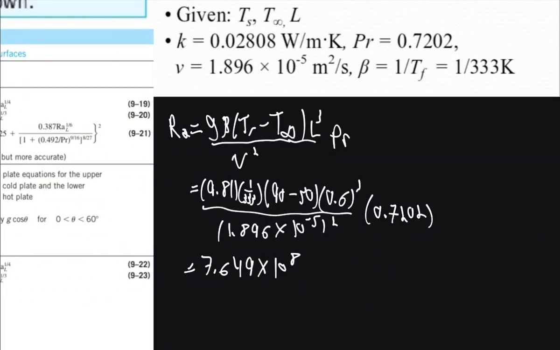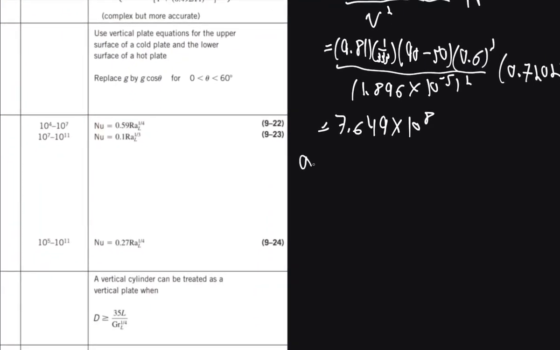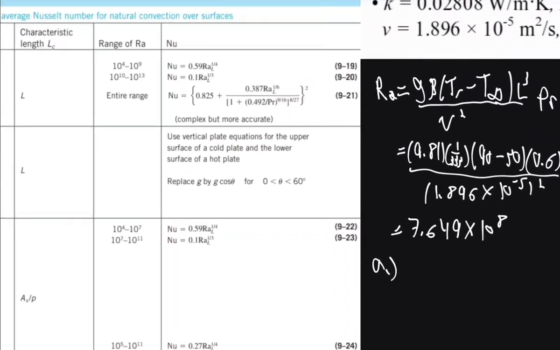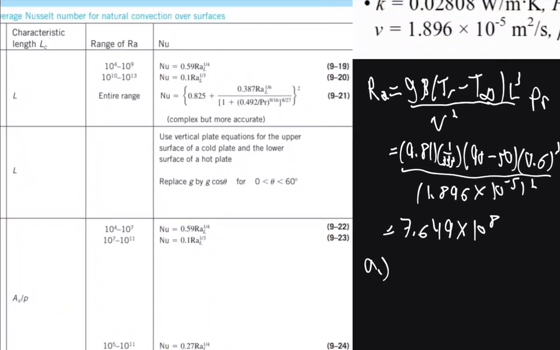and we can calculate the Nusselt number for part A. The Nusselt number for a vertical plate. So what is the Rayleigh number? 10 to the 8.